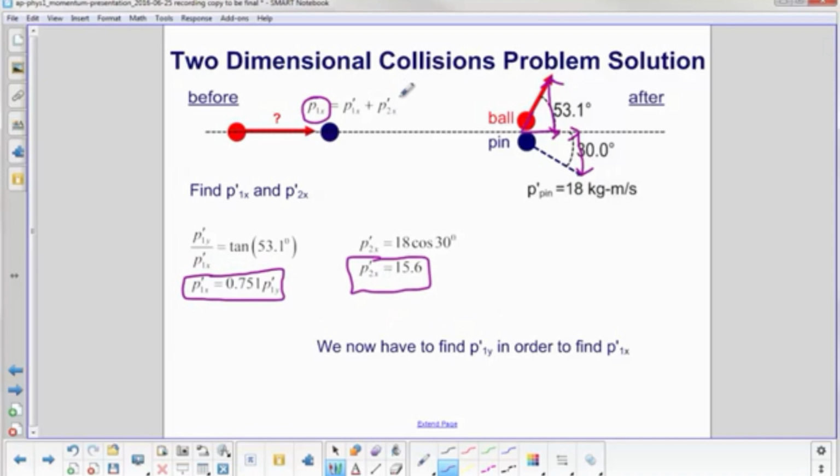Okay, that's great. We've got this term over here. Now p prime 1x is expressed in terms of p prime 1y.